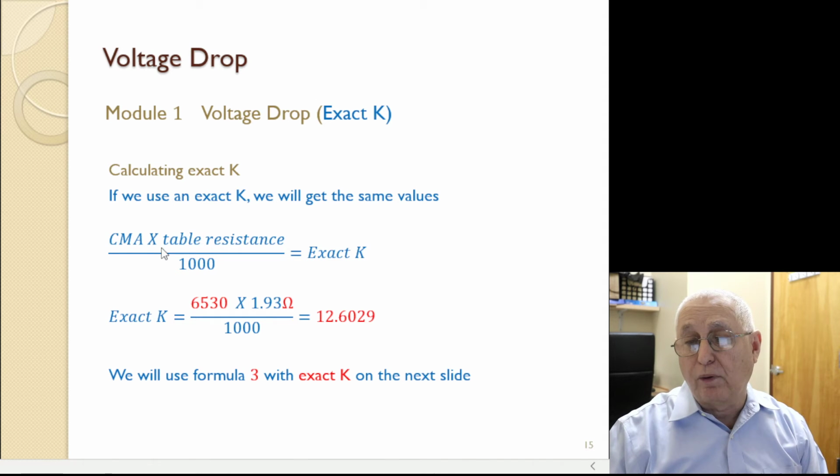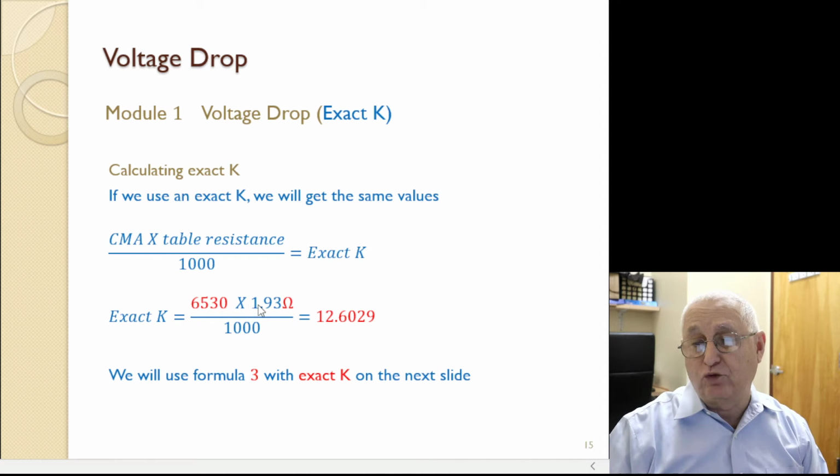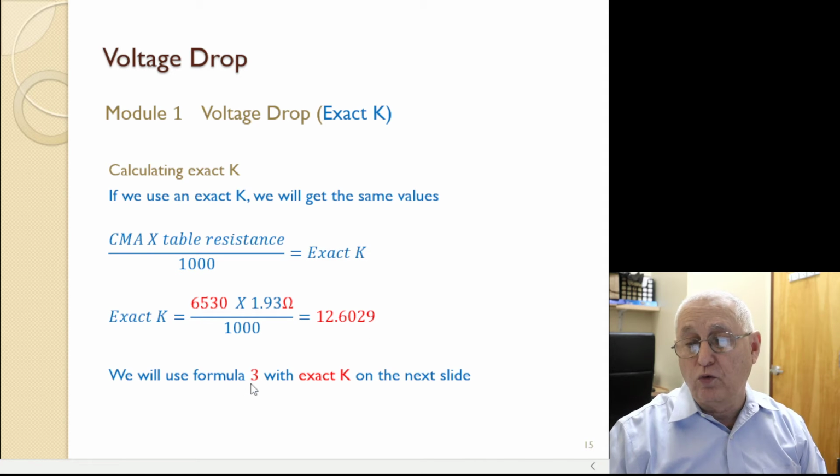We multiply it by the table resistance for that wire, divide by 1,000, and we will have exact K. Exact K equals 6530, that's the circular mill area for a number 12 solid wire, times 1.93 ohms for that same wire, divided by 1,000, equals 12.6029. We will use Formula 3 with exact K on the next slide.